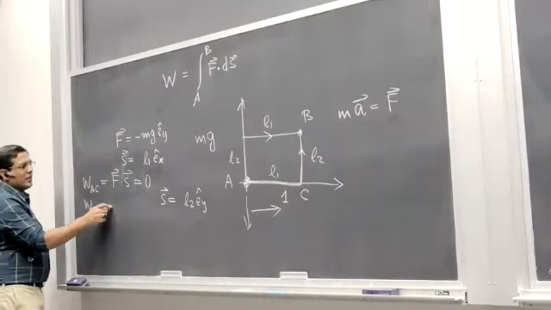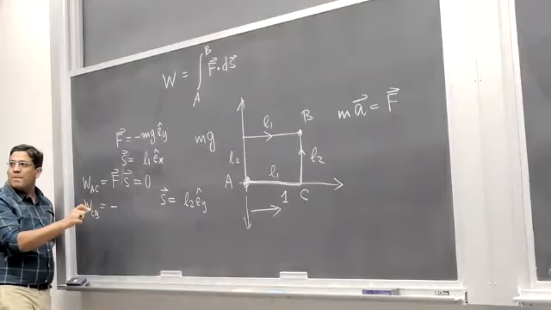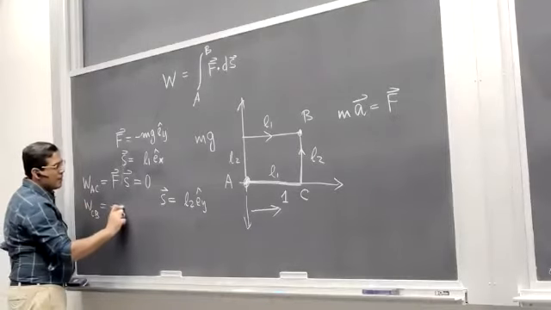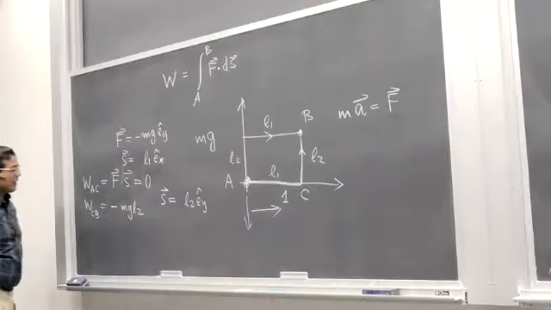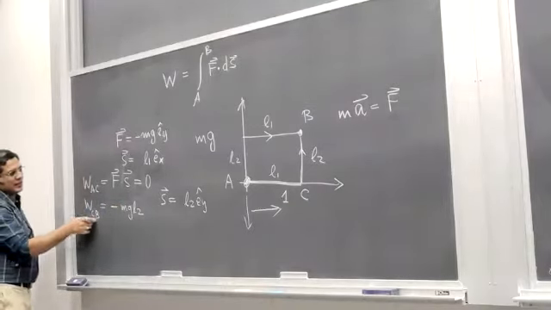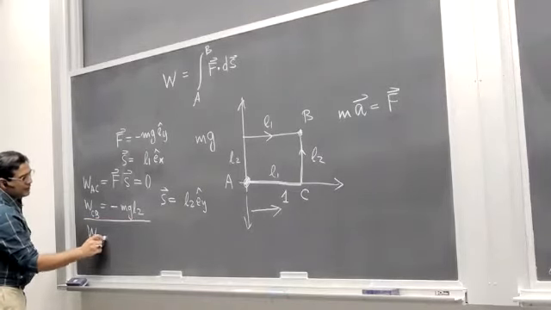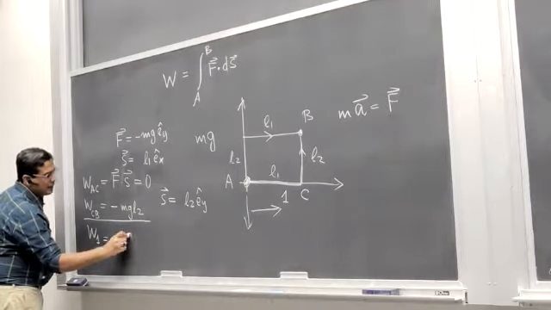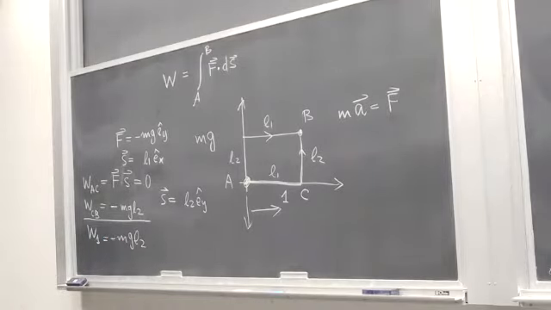So what would be the work done? Negative mgL2. And the total work done from going A to B, you just add it. The total work along path 1 is negative mgL2.